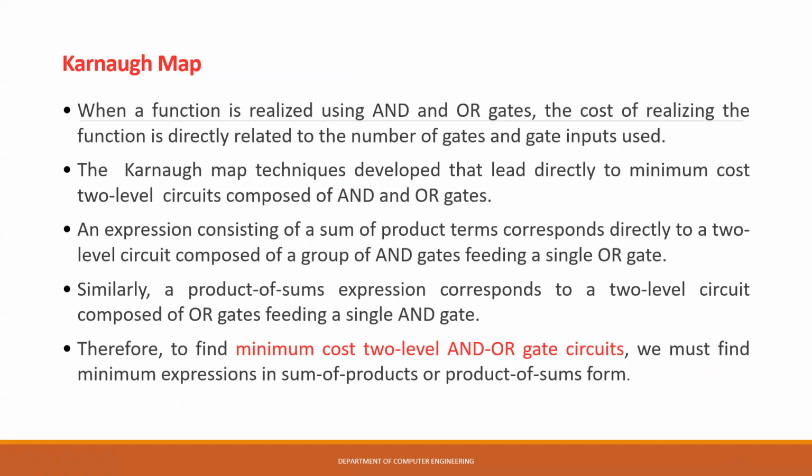The K-map technique is developed to lead directly to minimum-cost two-level circuits composed of AND gates and OR gates. An expression consisting of sum of product terms, that is SOP, corresponds directly to a two-level circuit composed of a group of AND gates feeding a single OR gate.